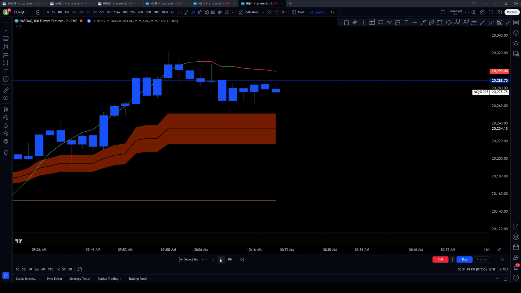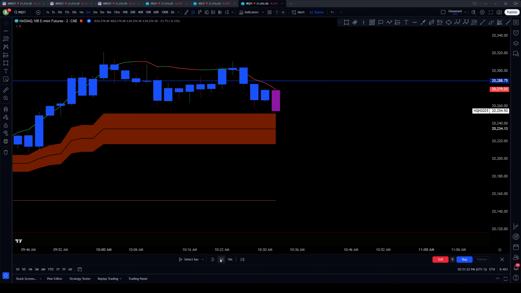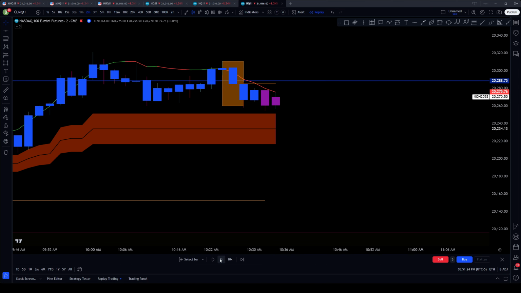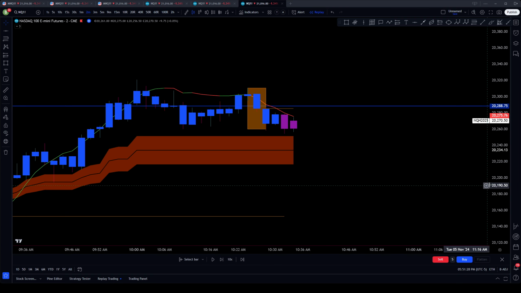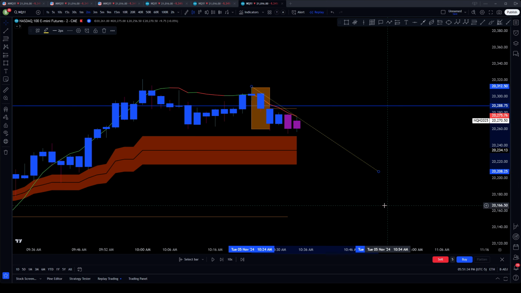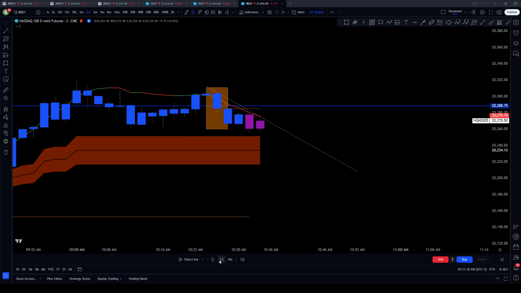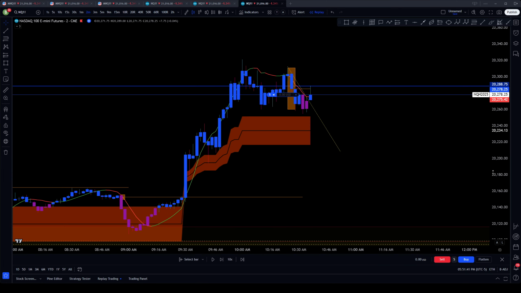I would love to see a wick of it. That is not exactly what I want to see, but I'm starting to like this. So now we're looking for the trend break or something to give us an idea that we should be in. Yep, there we go. So we're going to go ahead and buy that, right?